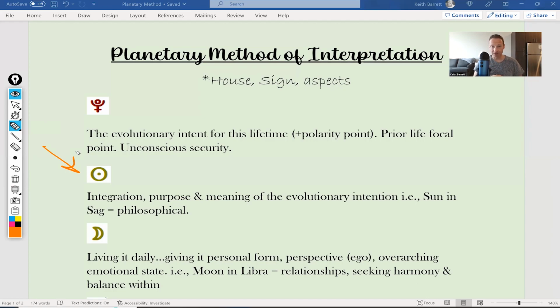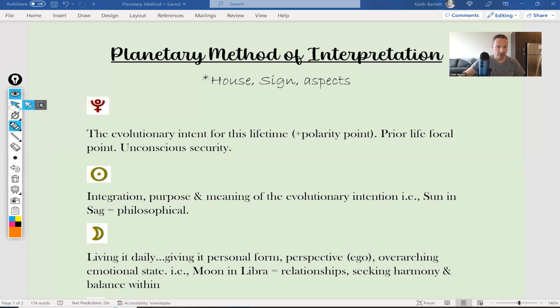A sun in Sagittarius is going to probably have a philosophical approach to this, and that's how it's going to give their experience meaning, like a bigger picture representation of what's going on here. We're multidimensional beings and we incarnate multiple times in this reality, and we're more than just our body and our five senses. There's going to be some kind of philosophical or even religious slant to this experience. And so your sun by house, sign, and aspects will give you that.